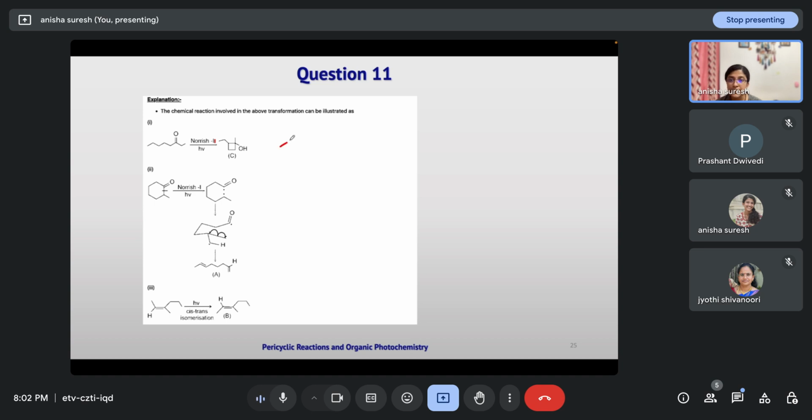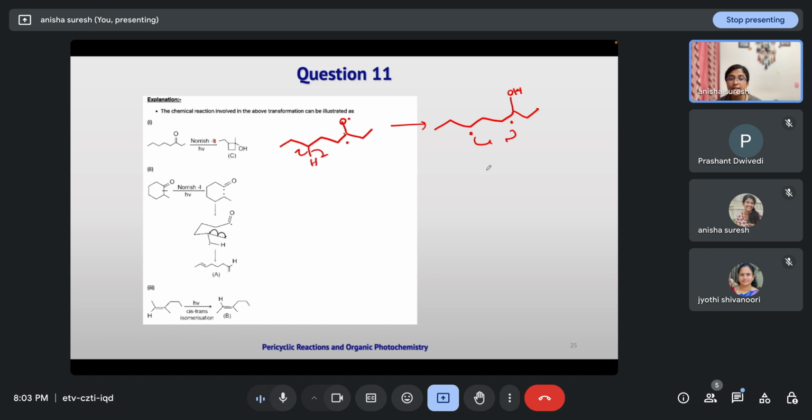It will excite, O dot, carbon dot, then alpha, beta, gamma, 1, 2, 3, 4. Gamma proton will be abstracted by the oxygen, leading to formation of O dot, OH, carbon dot, alpha, beta, gamma. Here the radical will be there.